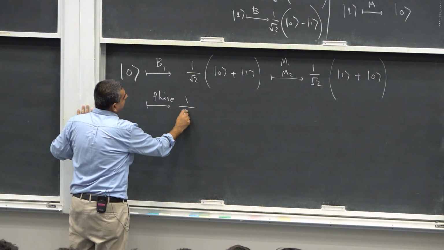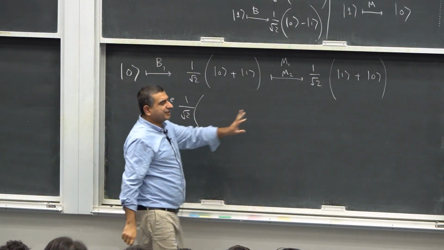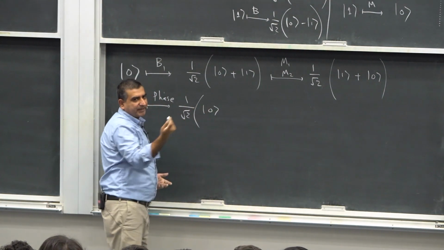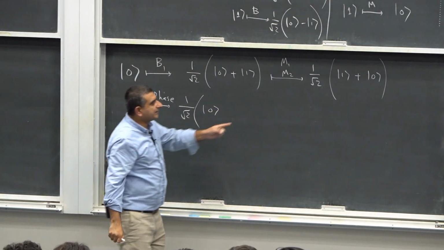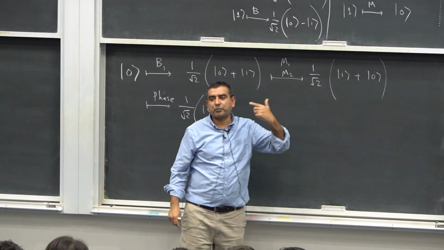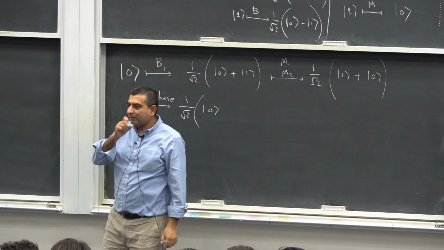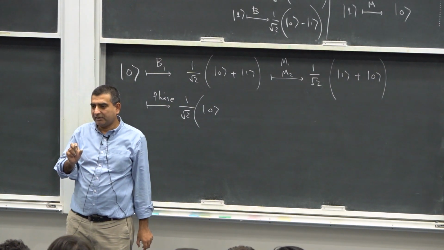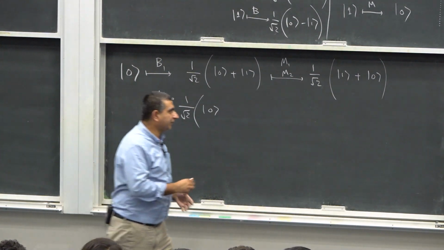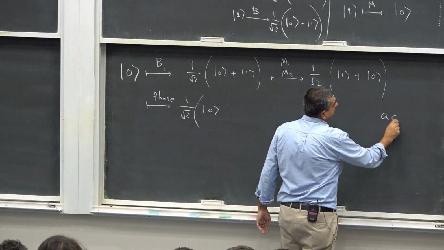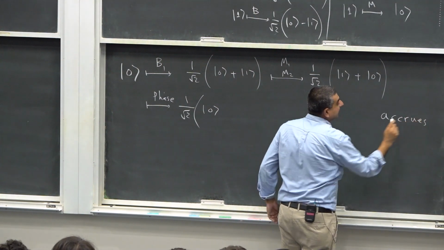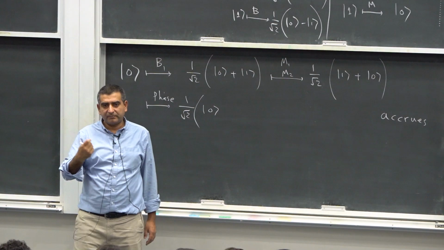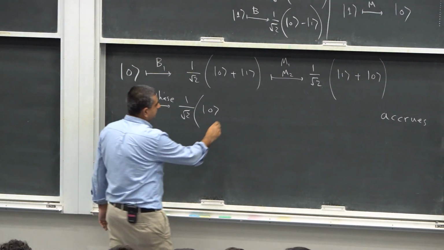I'm going to write ket 0 before I write ket 1, it doesn't make any difference. Now with this ket 1, this is just one term inside the quantum state. It accrues, it picks up, it gathers a phase factor e^(i phi).